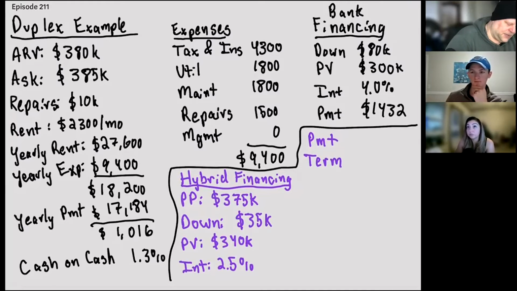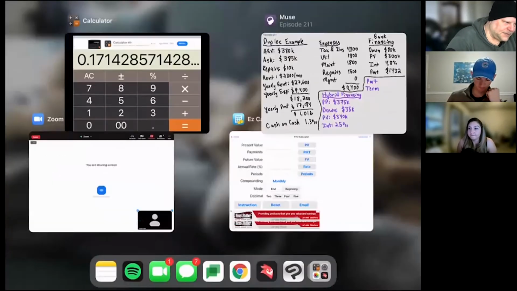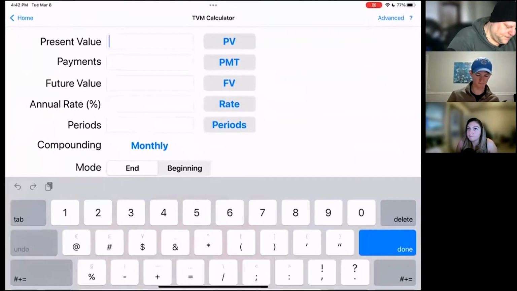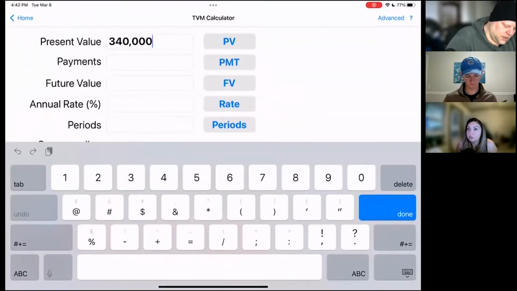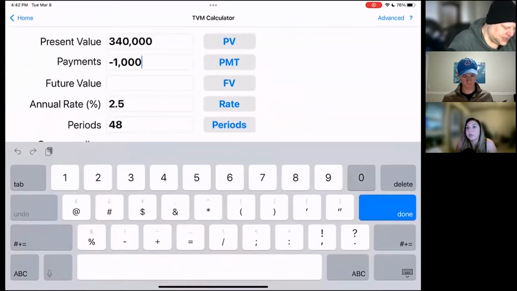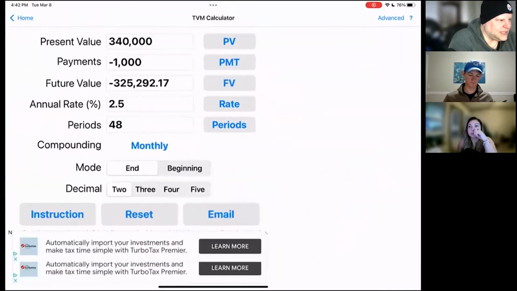So let's put 340 as present value, 2.5 interest rate, and let's put 48 months, and let's put $1,000 negative as payment, and see where that takes us.